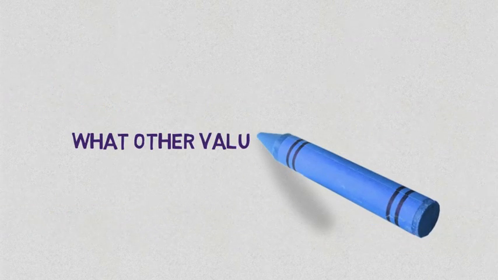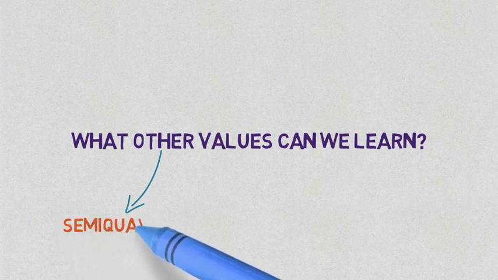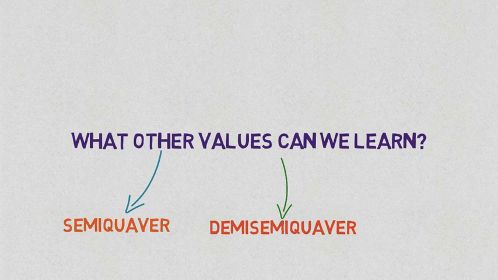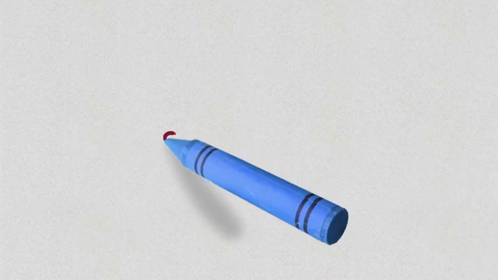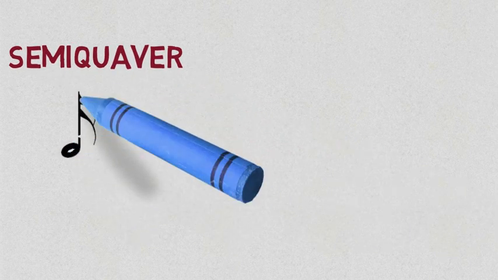Now let's start with what other note values we can learn. There is the semiquaver, the demi-semiquaver, and the use of the dot. Starting with the semiquaver. This is how it looks.